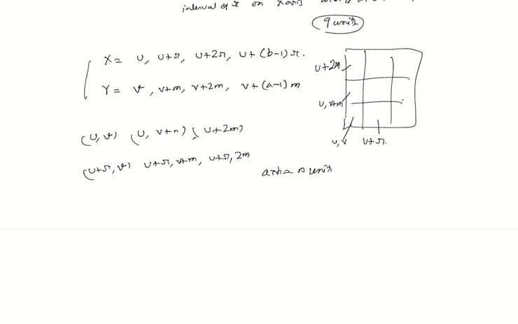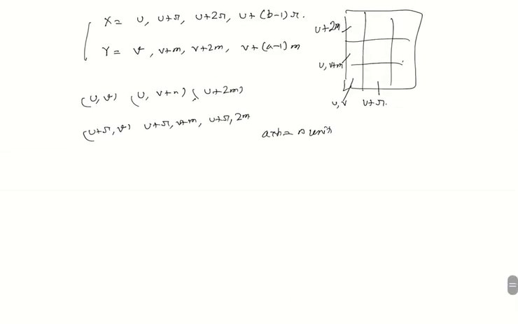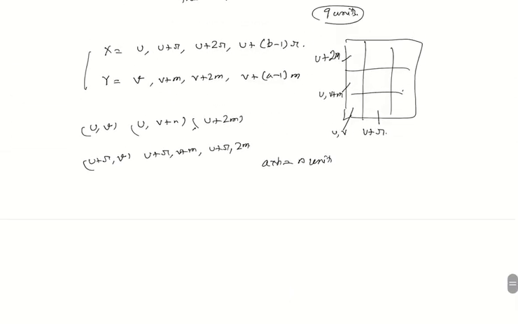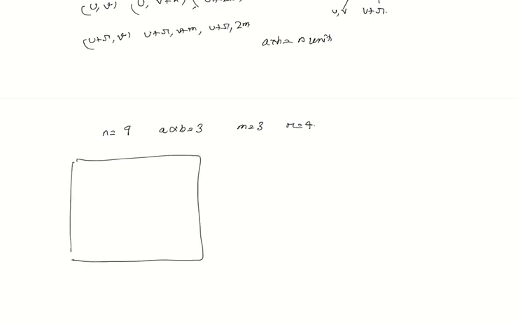Now let's do a quick example of this. Suppose we have n of 9, and a and b are both 3, m is 3 and r is 4. So we'll create this kind of box here.